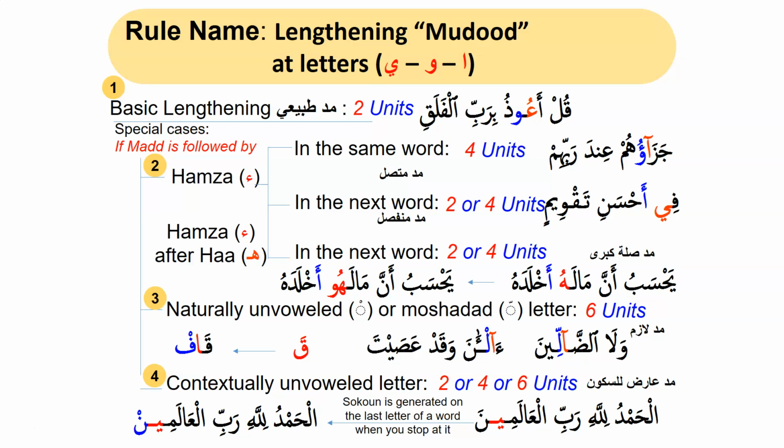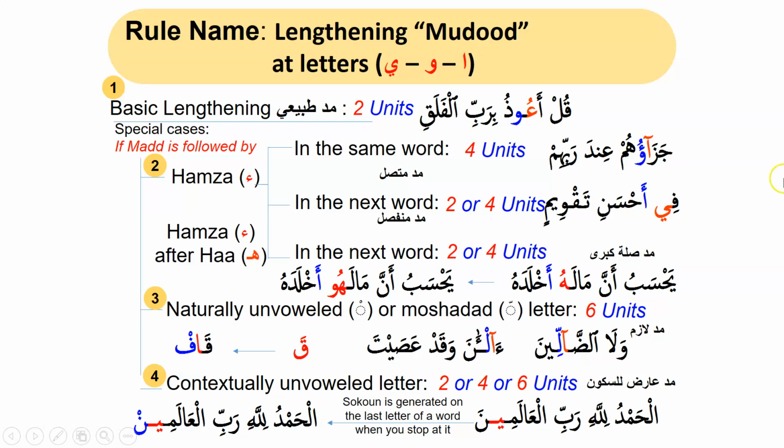For myself, I don't have a very long breath, so I just keep it 4. It is optional to make it 4 or 6, so you can choose what you'd like to do. But whatever you choose, if you decide to make it 4, you need to keep it consistent all over your recitation. If you choose 6, you need to be consistent too.